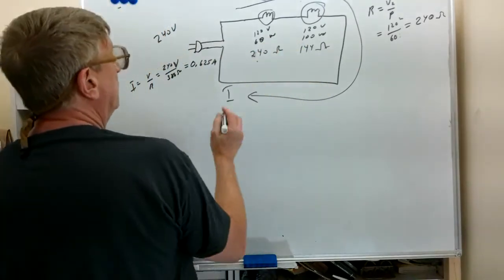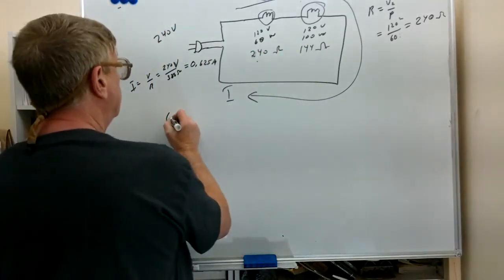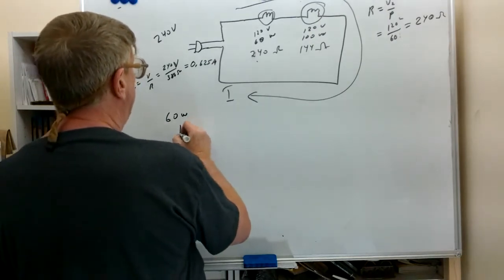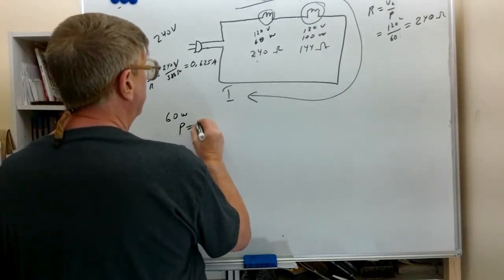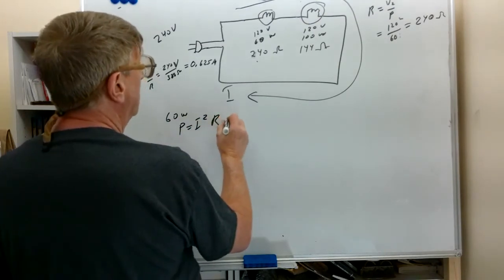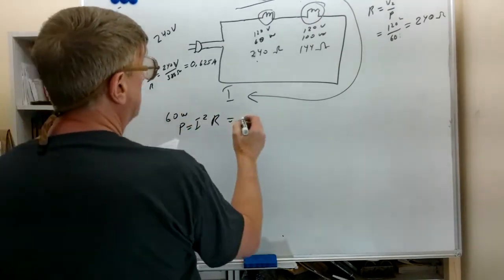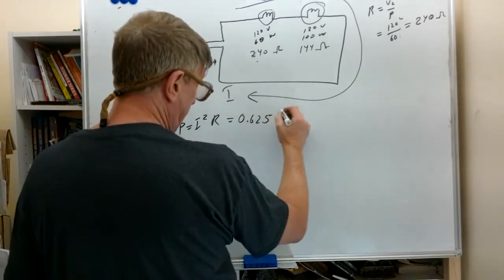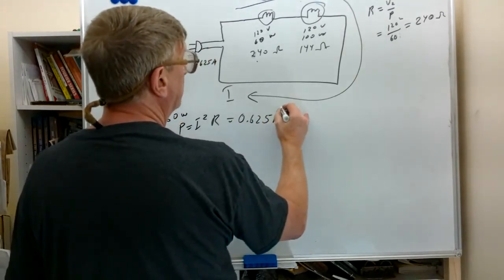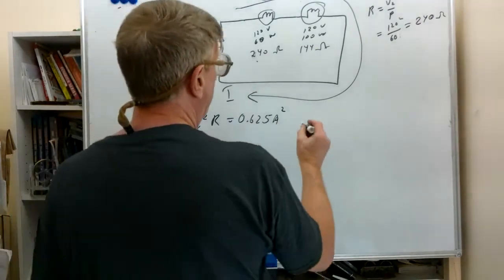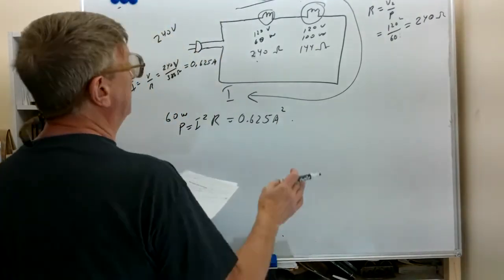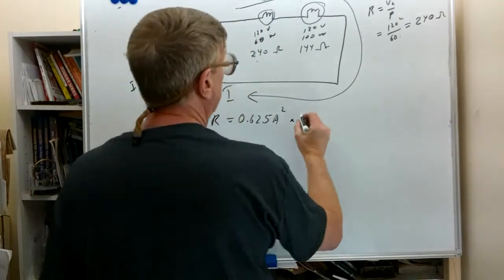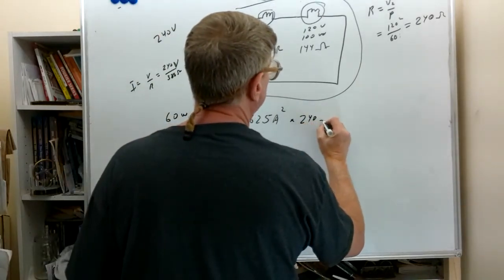So for the 60 watt light bulb, remember, the power equals I squared R. We have an I of 0.625 amps, and we're going to square that number and multiply that times our resistance, which we calculated to be 240 ohms.